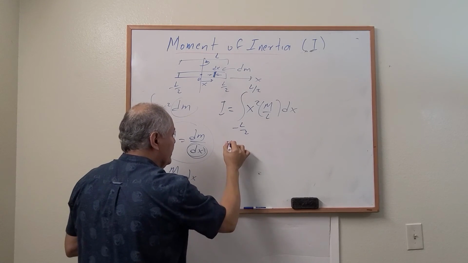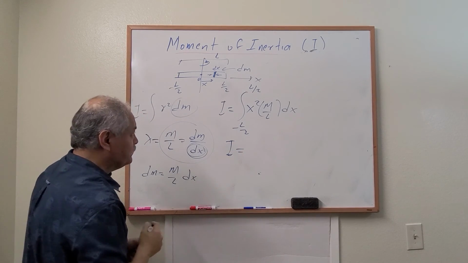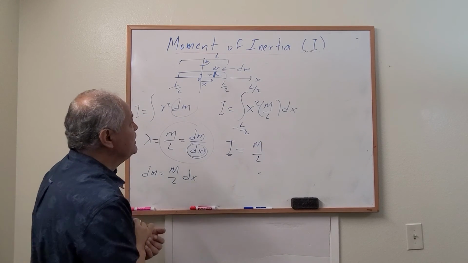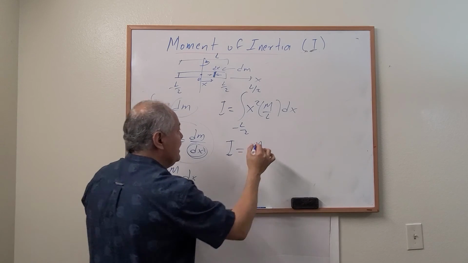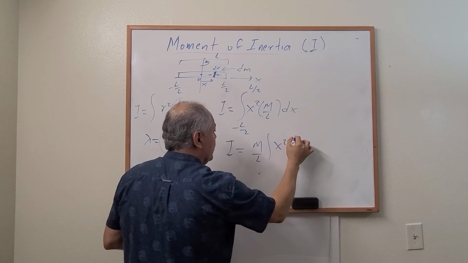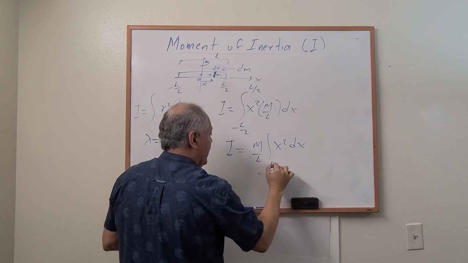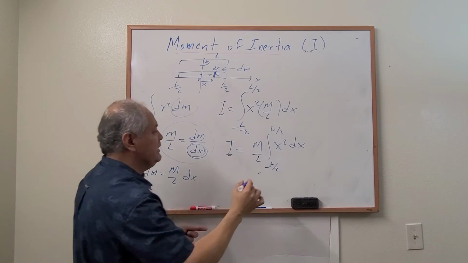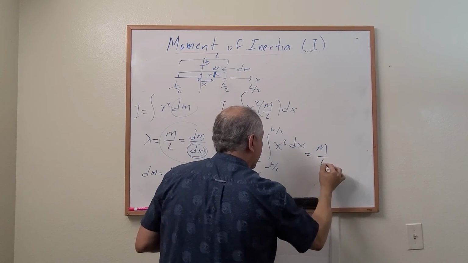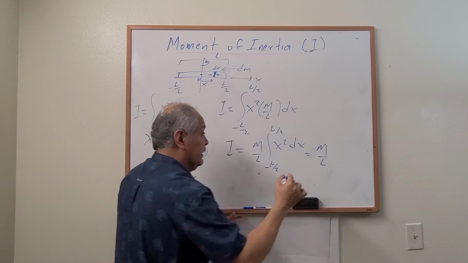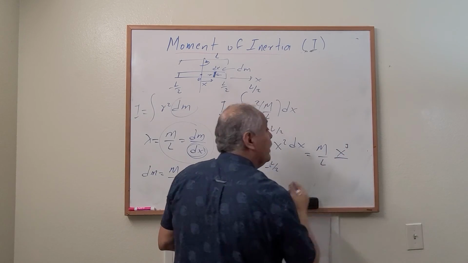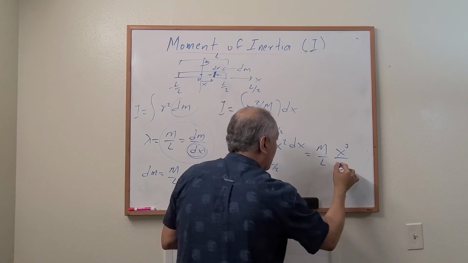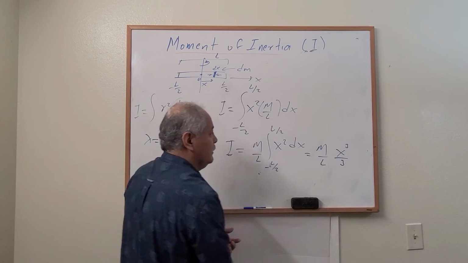So from here, the moment of inertia is equal to m over L times the integral of x squared dx from negative L over 2 to L over 2. Perfect. And what is this? This is equal to m over L times x cubed over 3.